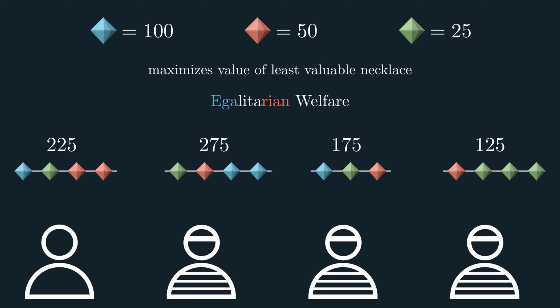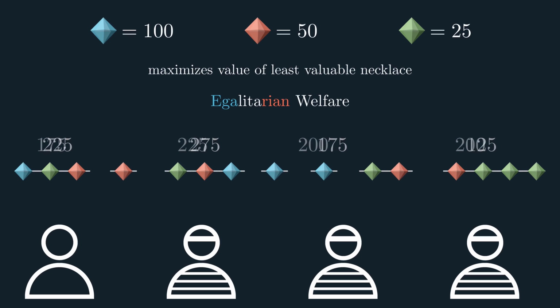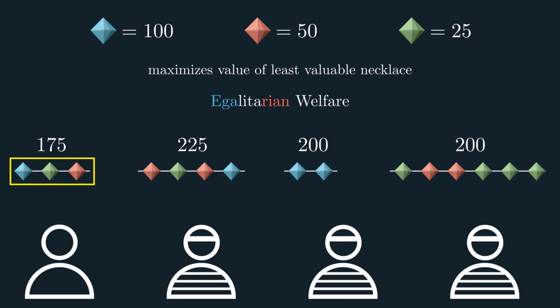For example, here, the least valuable necklace has a value of 125, meaning that the value of the entire partition is 125. However, if we cut it in this way instead, the minimum jumps to 175, so the second partition is clearly a fairer one. Now, this raises the question, how can we actually compute the partition that is the fairest?